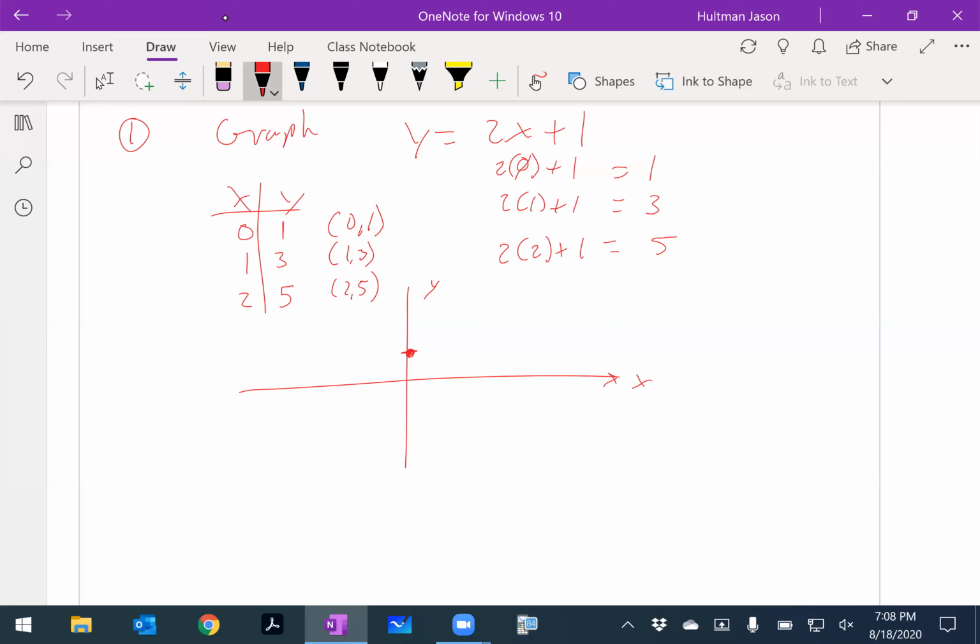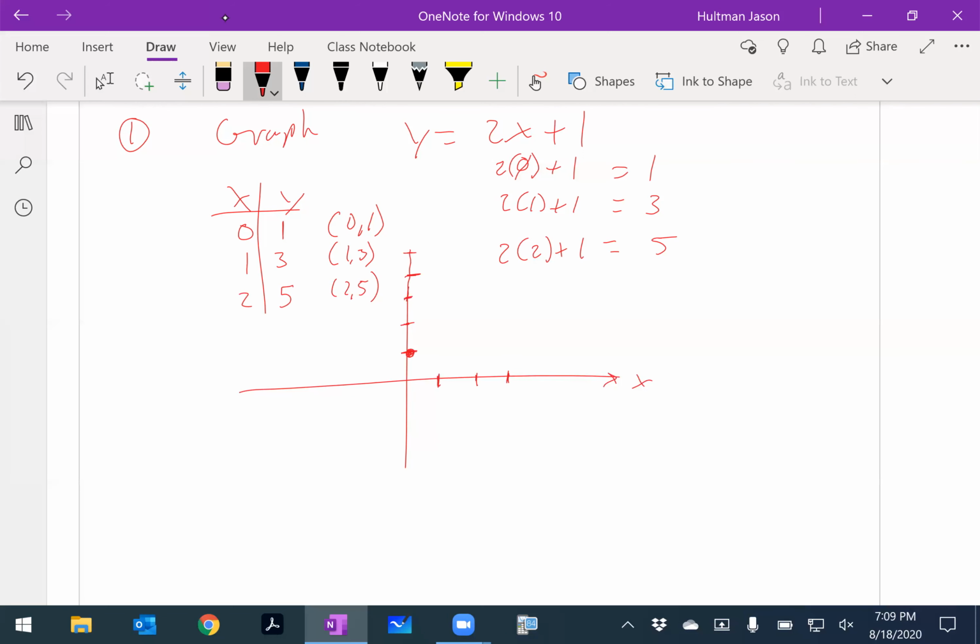What about the next one? At 1, we want to be at 3. Let me move this over a little bit more and make it a little squarer. 1, 2, 3, and we're going to need to go up to 5.